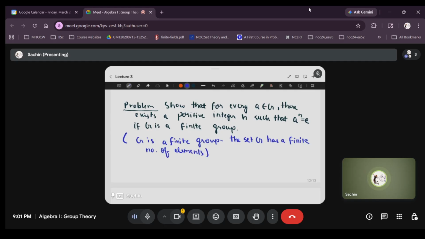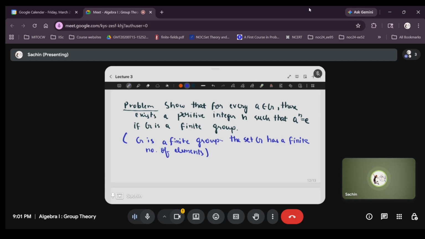For example, U8 and U11 and Z7. All these are finite groups because they have a finite number of elements. Whereas the set of complex numbers, real numbers, integers, they have an infinite number of elements, so they are not finite groups, or you can say they are infinite groups.